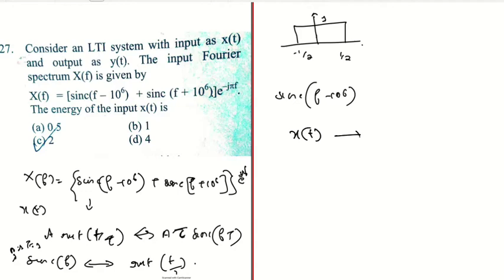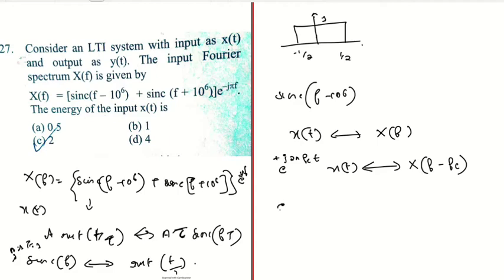If x(t) has a Fourier transform X(f), and x(t) is multiplied by e^(j2πf_c t), then the Fourier transform will be X(f − f_c). Similarly, e^(−j2πf_c t) times x(t) will give us X(f + f_c). That is how it is.